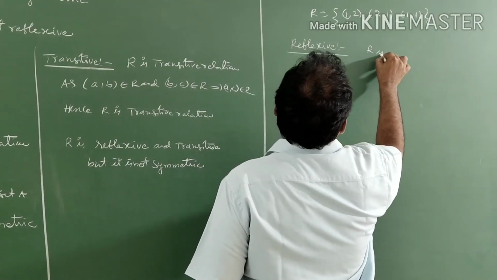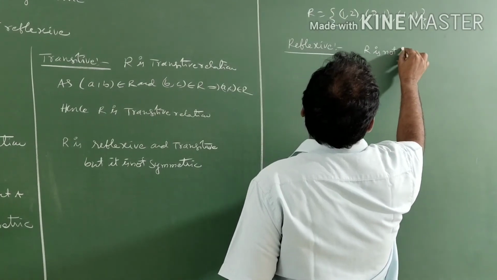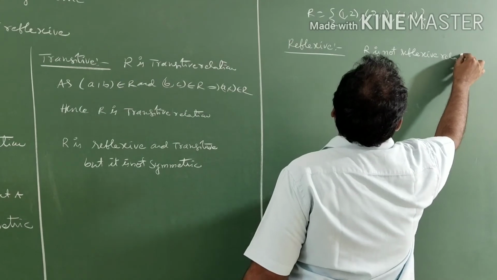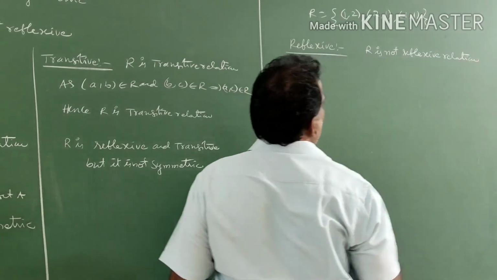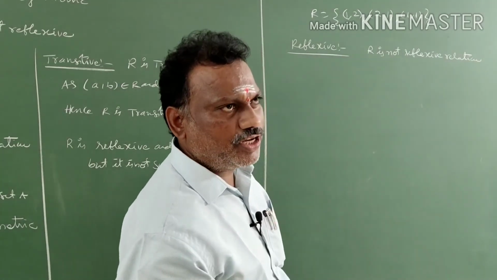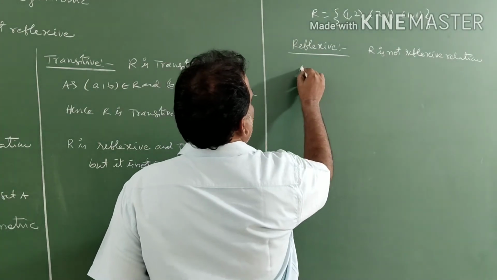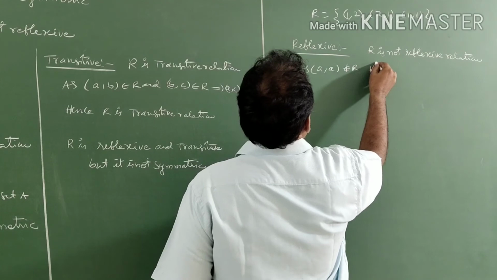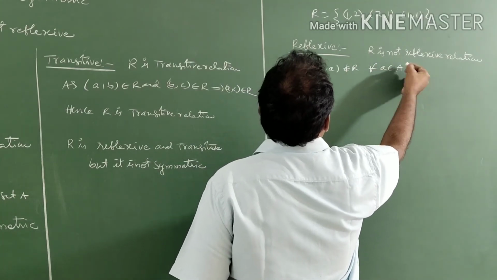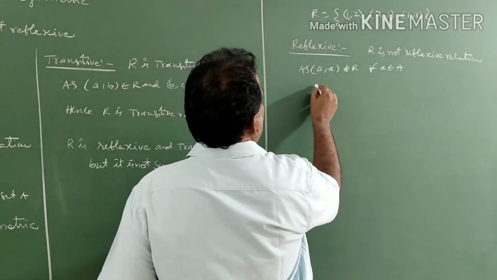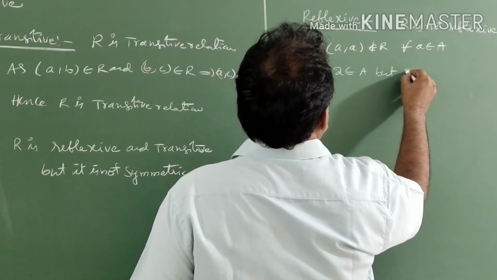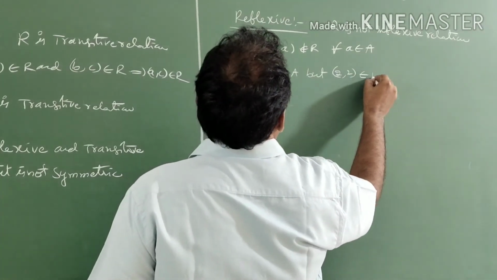R is not a reflexive relation. Why? Because it is not a reflexive relation, you have to give an example. (a,a) does not belong to R for all a belonging to A. We are giving an example: 2 belongs to set A, but (2,2) does not belong to that particular relation.